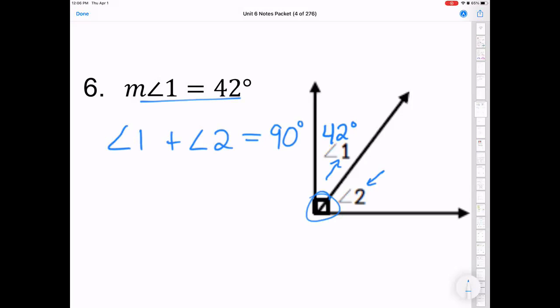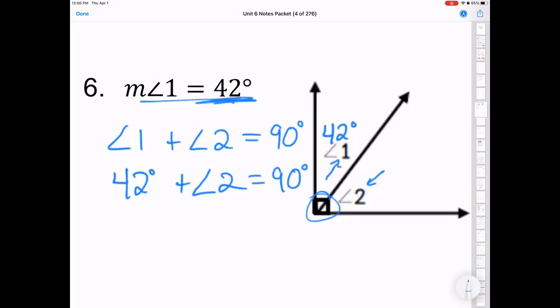Now I know what angle 1 is, so I can go ahead and place that value in there for angle 1, right? They told us angle 1 is 42. So 42 degrees plus our angle 2 equals 90 degrees.